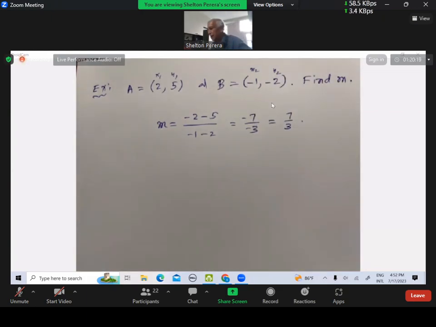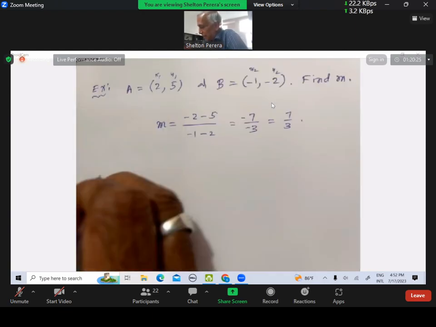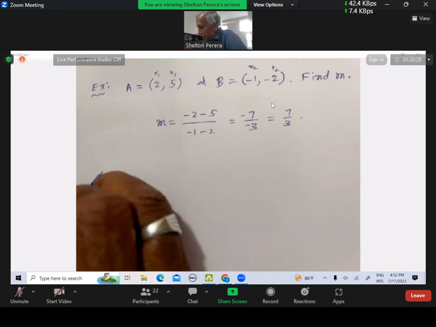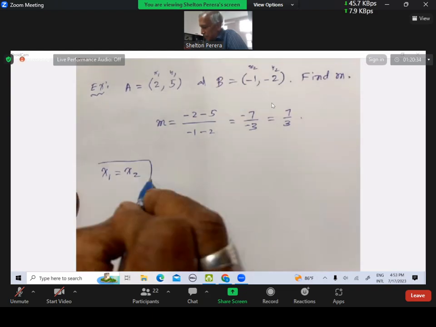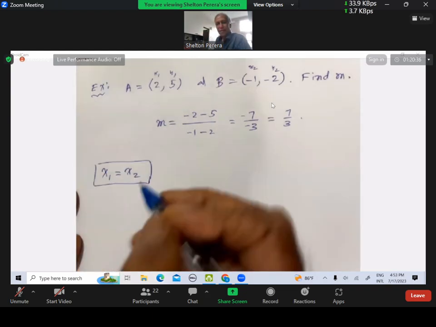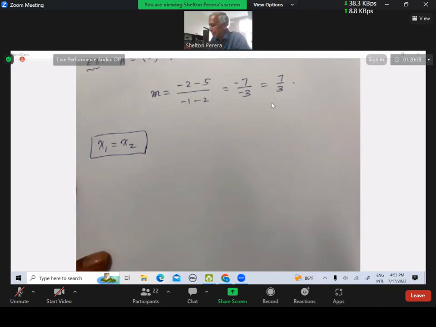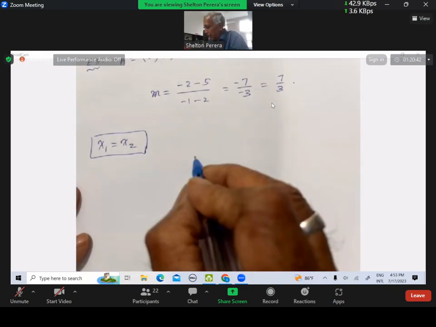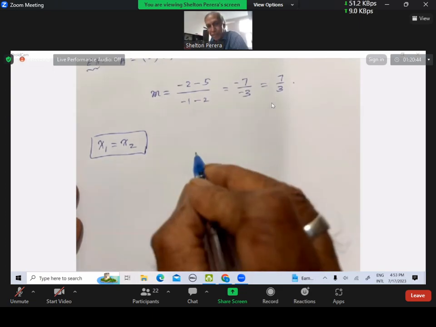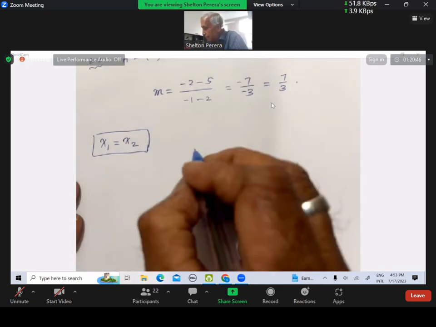Okay. Now, what happens if x1 is equal to x2? We said A and B are two distinct points, so your diagram looks like this.